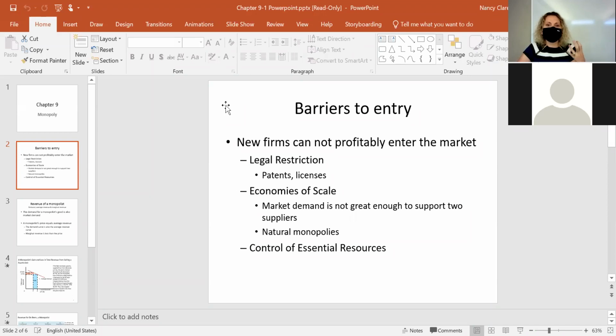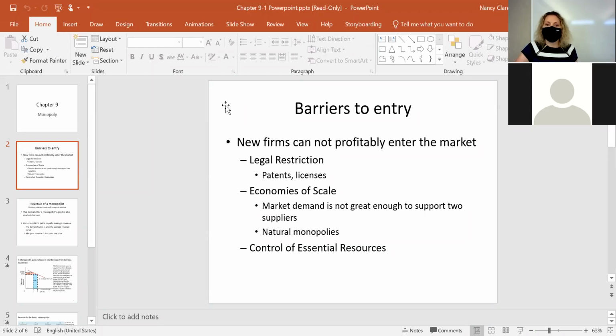There's some sort of licensing or patent that has created a situation where this one supplier is isolated in this market, and no other suppliers are allowed in because they simply do not have the ability legally to produce that good or service.